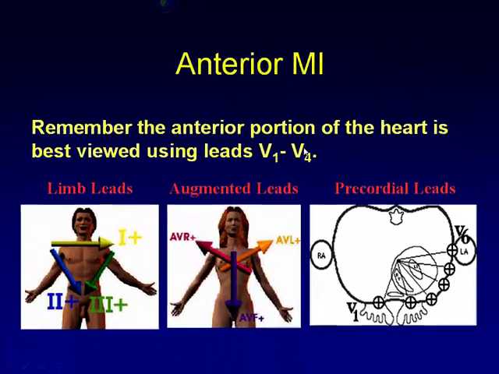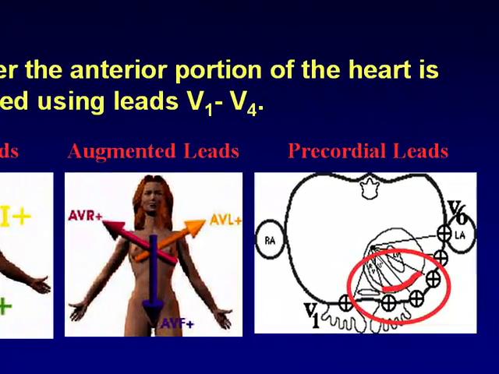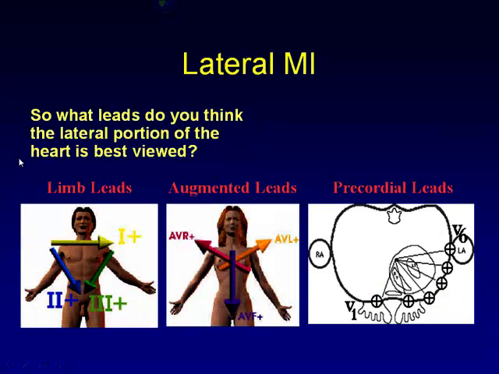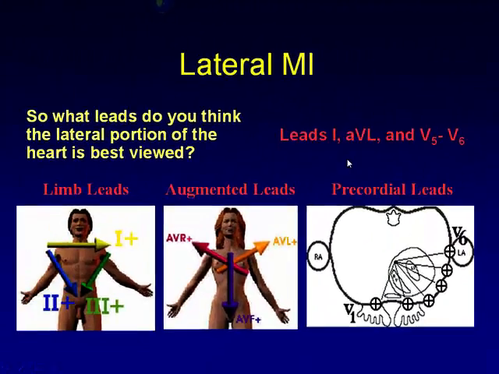So remember, the anterior portion of the heart is seen from V1 to V4. These are the leads which look at the anterior wall. So what leads do you think look at the lateral portion of the heart? As we told you, it is lead 1 and AVL and V5 and V6.